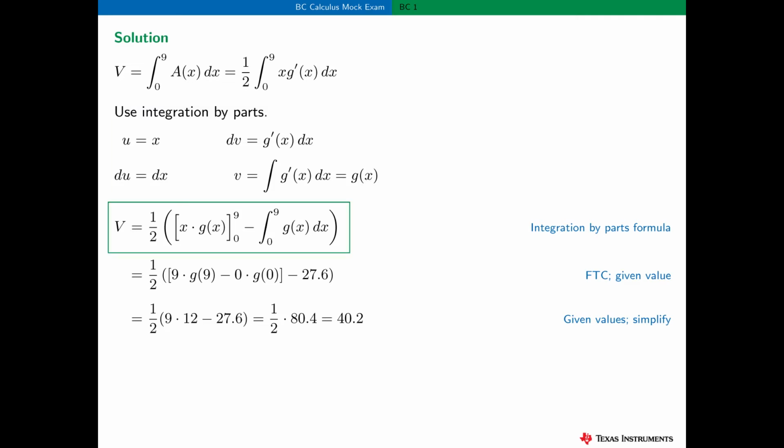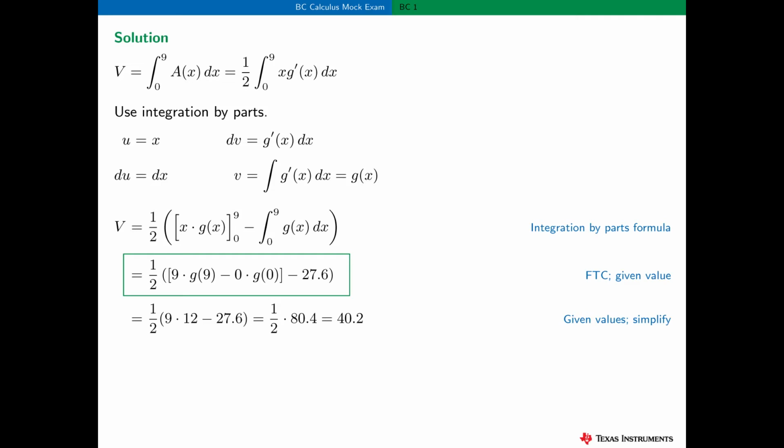So the volume is equal to 1/2 times u times v minus the integral of v du. Let me just remind you that we can combine the formula for integration by parts with the fundamental theorem of calculus part 2 to evaluate integrals by parts. So we need to evaluate x times g of x at the upper and lower bounds and subtract.